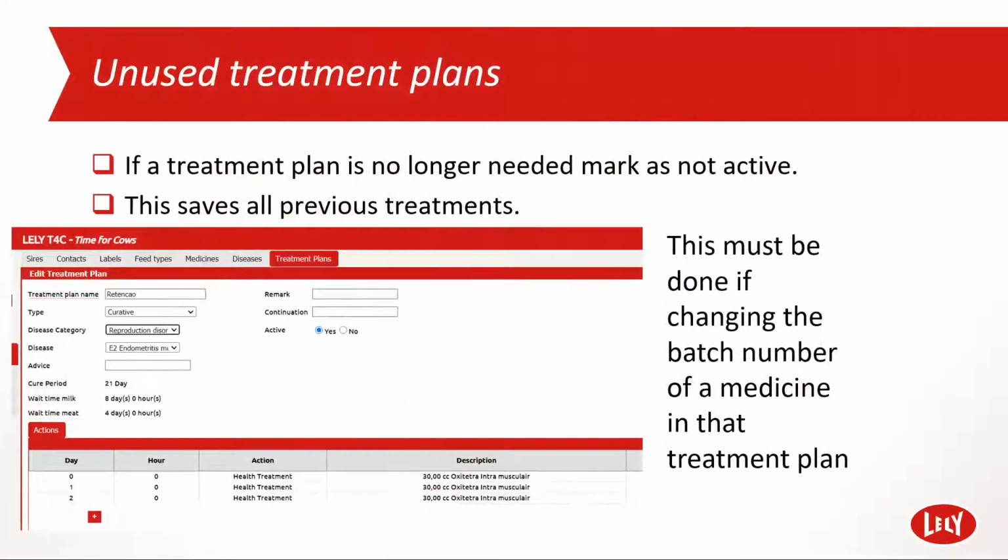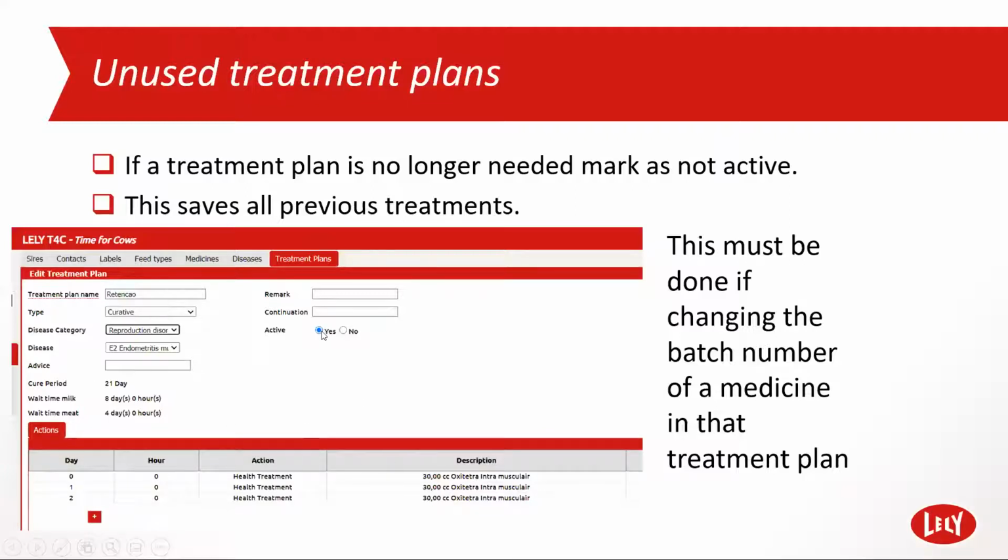Yeah, so this is the bit that's a little bit annoying about treatment plans. It doesn't seem to let you overwrite a withdrawal or a batch number, sorry. So if a treatment plan is no longer needed, as in the batch number of that group is used up, like you've used all the ones with that batch number, you'll have to tick it as no. So on there it says active, kind of in the middle of the screen it says remark, continuation and active.